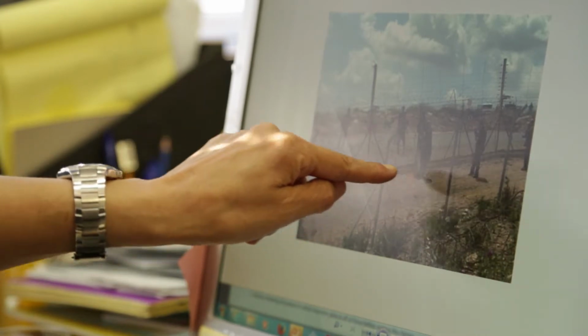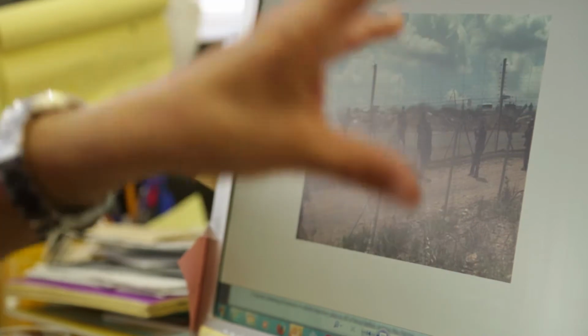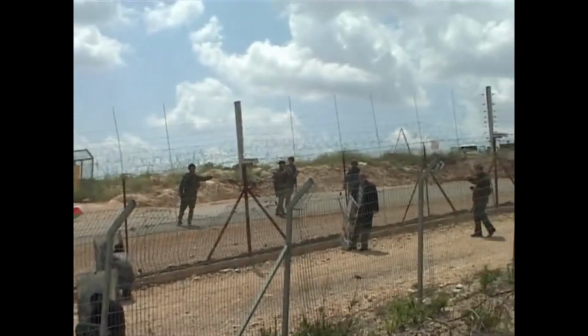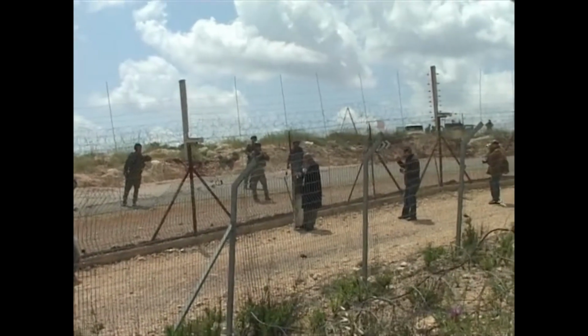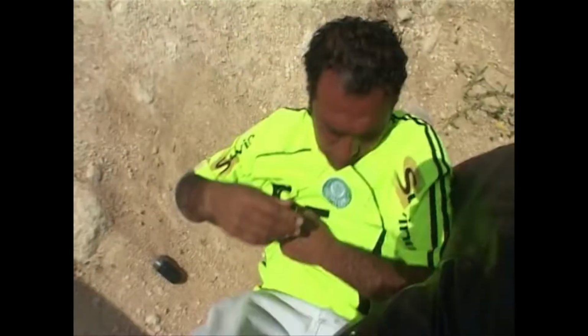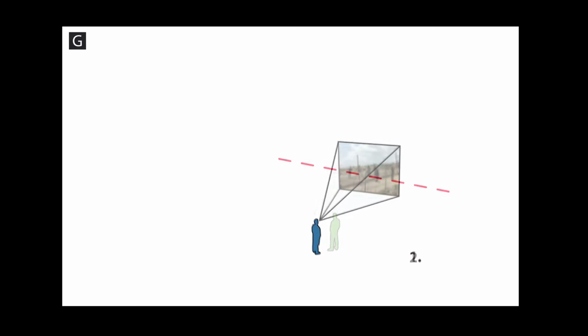It shows the flight path of the canister that hit Bassem Abu Rahma, who was standing right by David. It's one frame taken out of the footage, but I think it's crucial because this really was the way we managed to really reconstruct the scene.